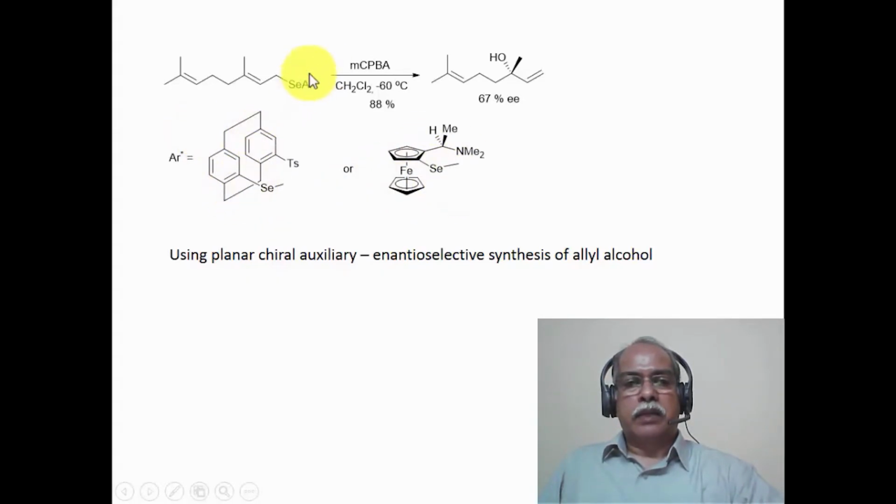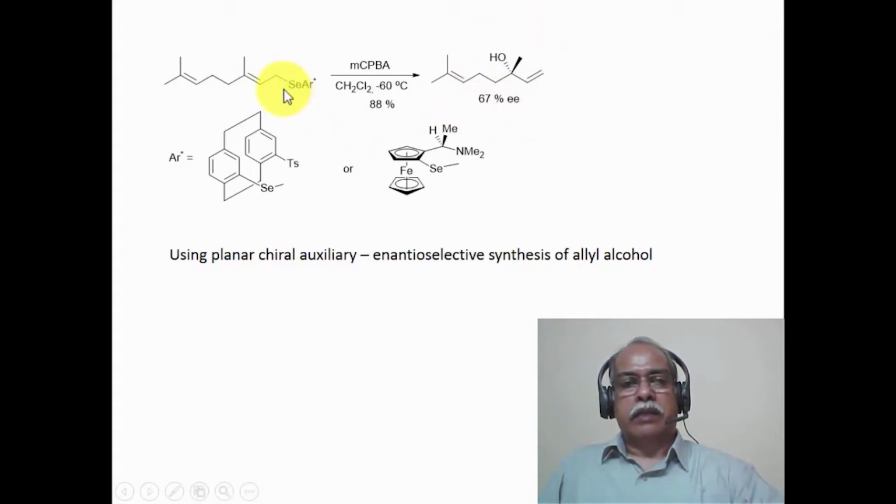So the aryl group that is present in the system is essentially this group, which forms the diselenide bridge. In other words, there is a selenium already present in the allyl selenide. The aryl group also has a selenide, so it will be a diselenide kind of a derivative here. MCPBA oxidation of the selenium to the corresponding selenoxide followed by 2,3 sigmatropic rearrangement enantioselectively produces this particular allyl alcohol.